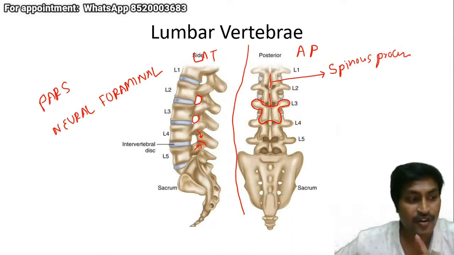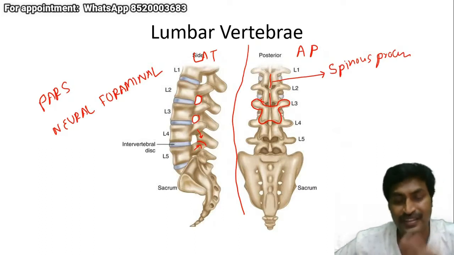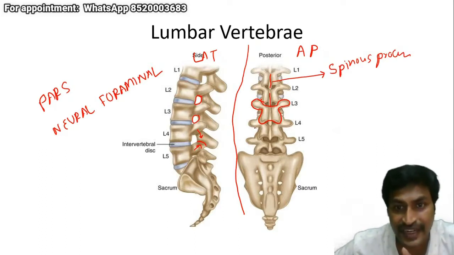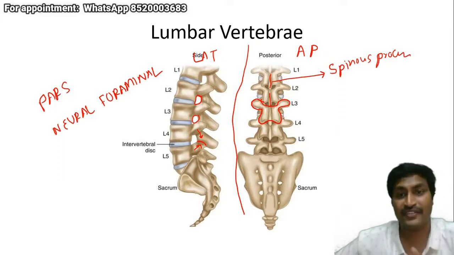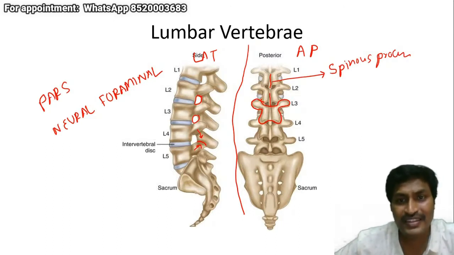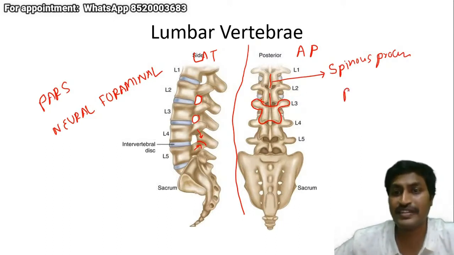If you are not able to understand this butterfly kind of structure, this entire, don't label it, just identify this butterfly kind of structure. This butterfly kind of structure you will have to identify, otherwise you will not be able to understand what is AP view. All this butterfly is the posterior elements.